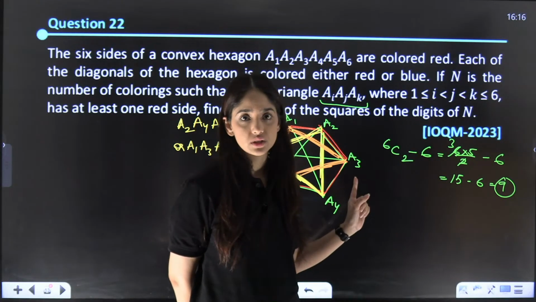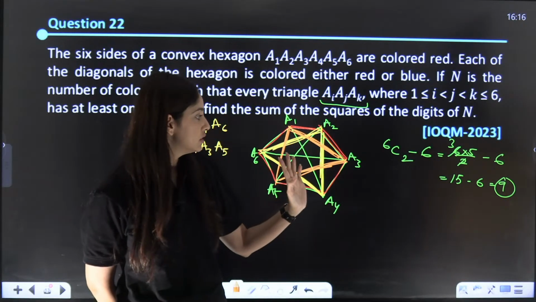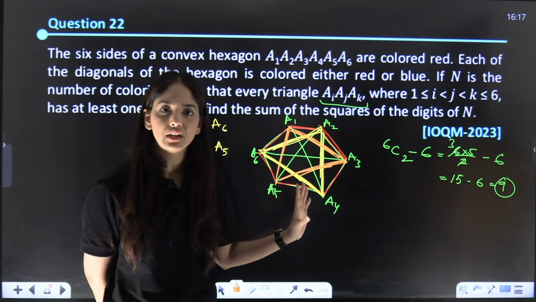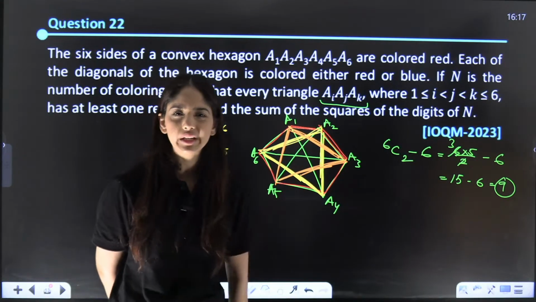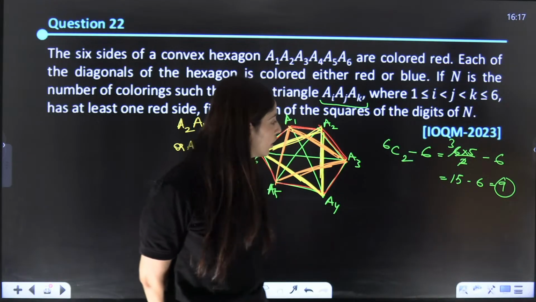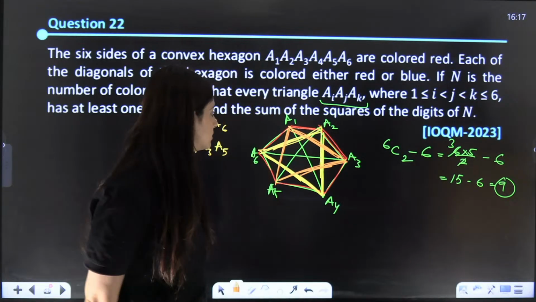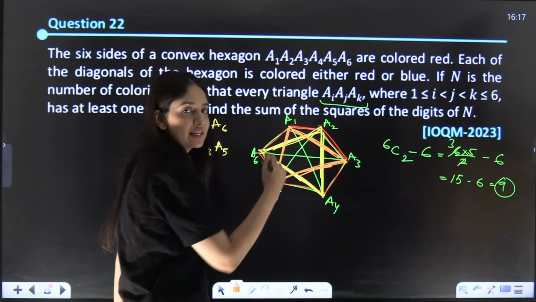We have colored those 6 sides. We have to color these 9 diagonals, and out of these 6 we have to put the constraint on. The other 3 can be anything, right? So now we have to check what are the possibilities for these 6.